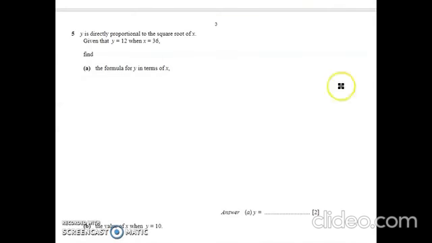Y is directly proportional to the square root of X. Given that Y is equal to 12 when X is equal to 36, find the formula for Y in terms of X. Okay. Direct proportion to the square root of X. That means K under root X. So Y is 12, X is 36.